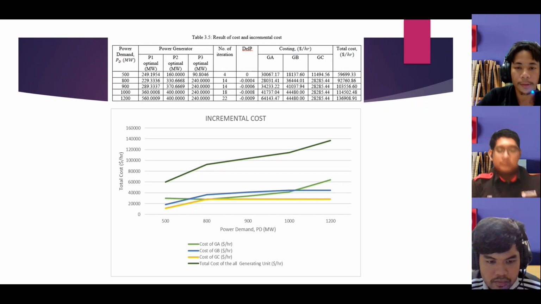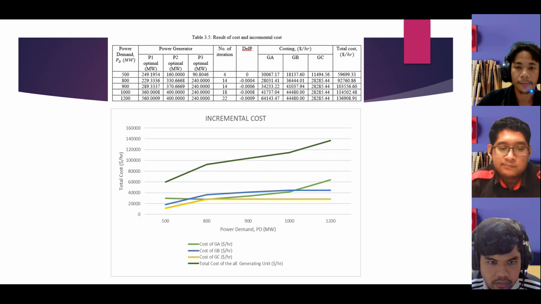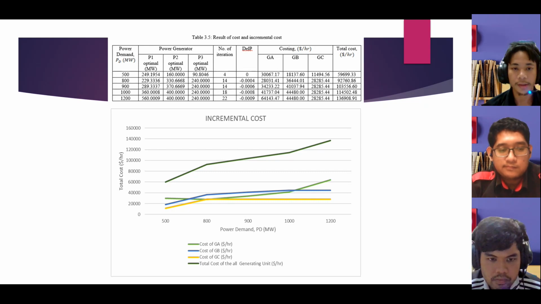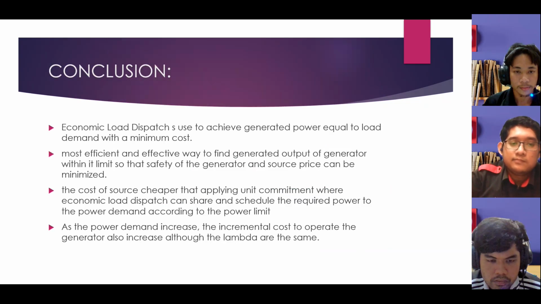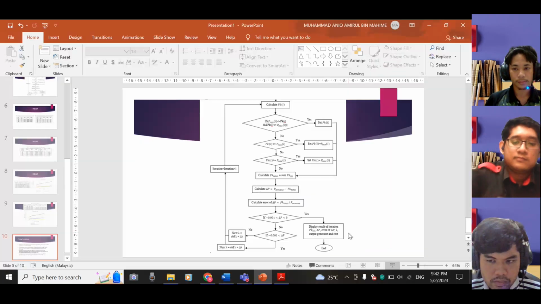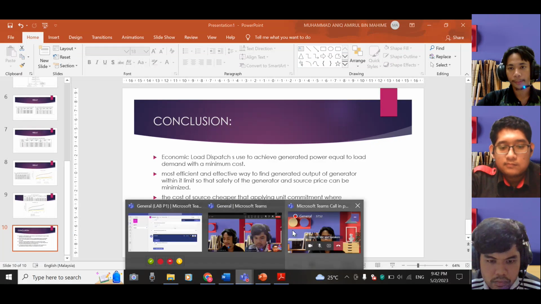And this is the total cost, the minimum cost that we will get after we generate the power for the generating units. And then I will pass to Muhammad Anik.